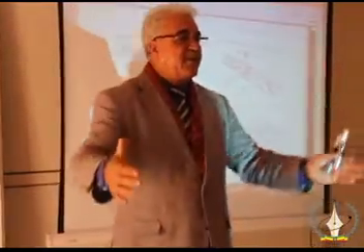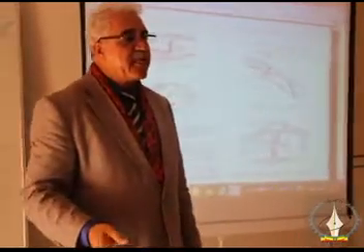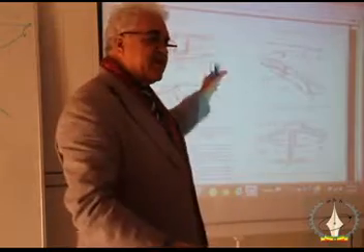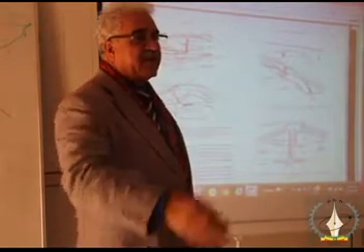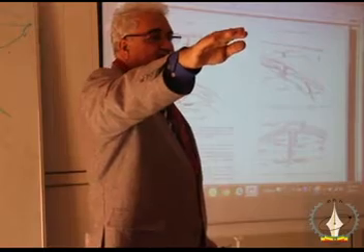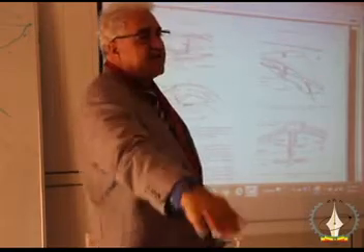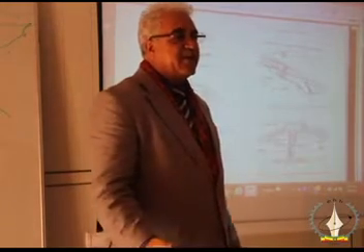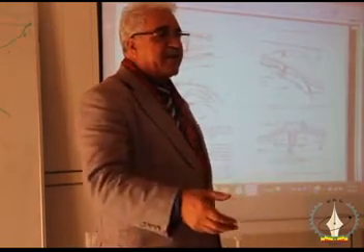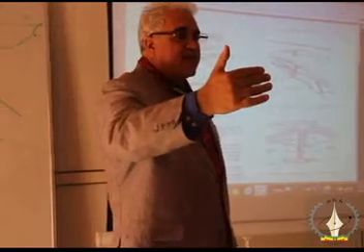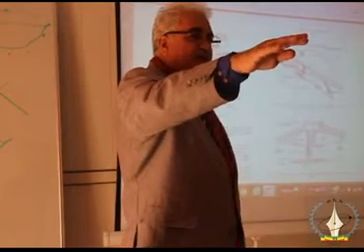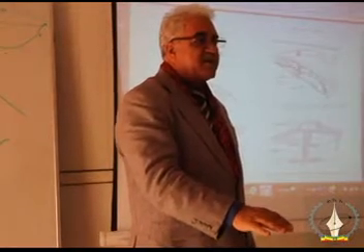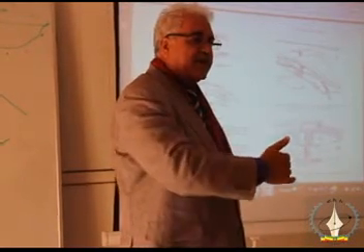If there are smaller ships or canoes, what happens is, this has two gates, one at the downstream side and one at the upstream side. The water level at the downstream side is low, and at the upstream side it is high. So they have some valves. When the ship comes from downstream, the water level in the river and in the lock is the same, so the ship can get in.